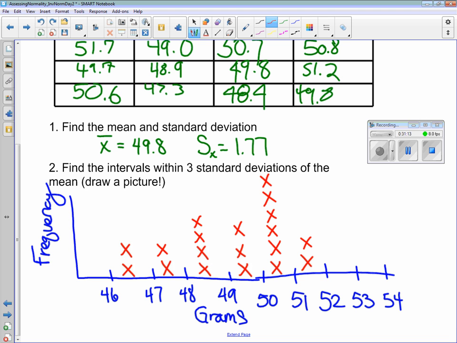All right, what did I miss, which was an outlier.